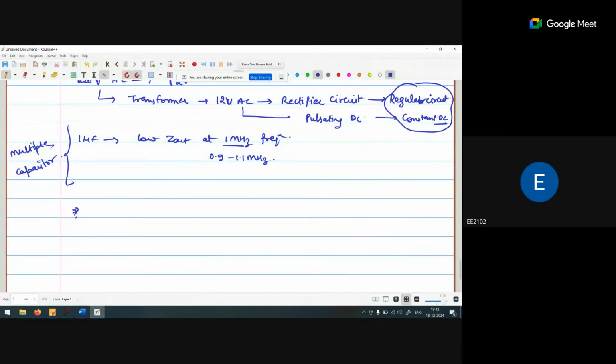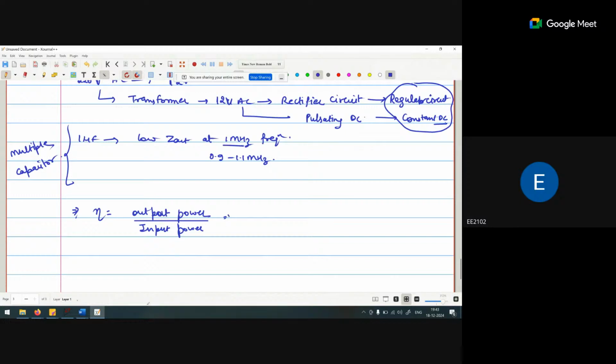After that, the efficiency. Efficiency is nothing but the output power upon input power. A linear regulator will provide me the constant voltage for all time periods.